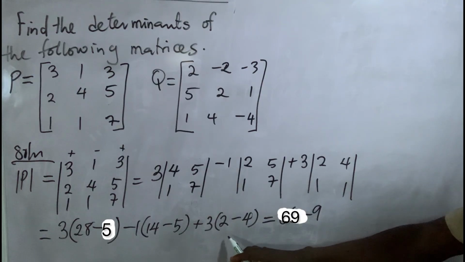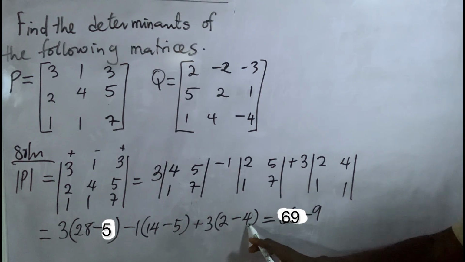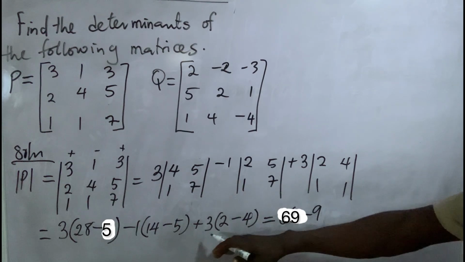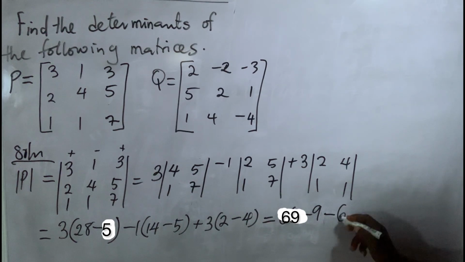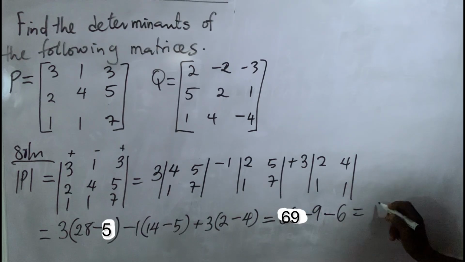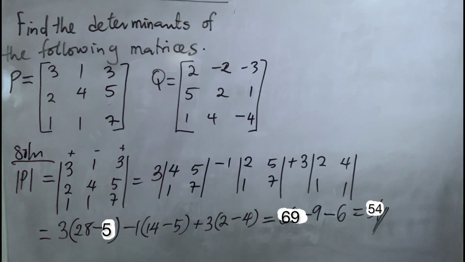Go to the last bracket. 2 minus 4 is minus 2. Minus 2 times 3 is minus 6. So if we put everything together, this is 69, minus 9, minus 6. Everything here will give us 54. Okay, so this is the solution to the determinant of matrix P.